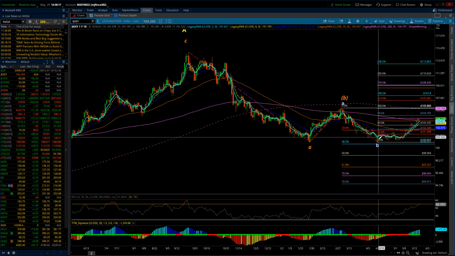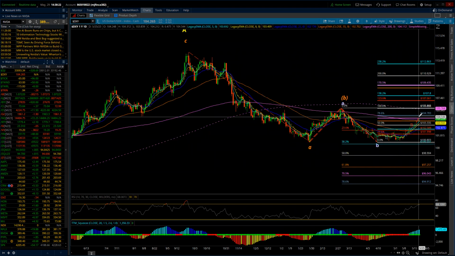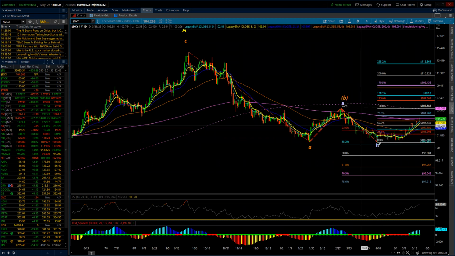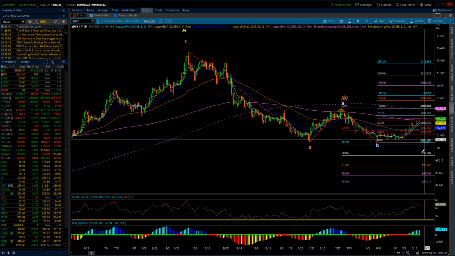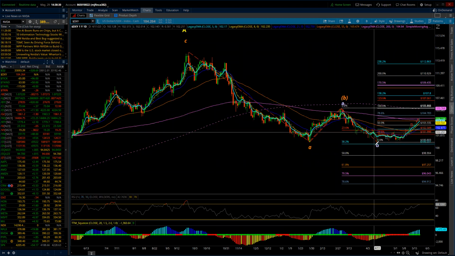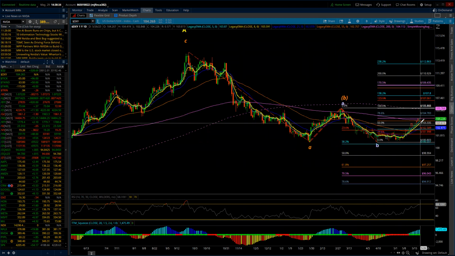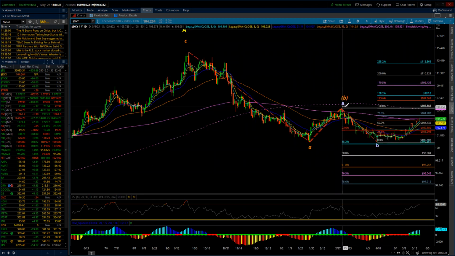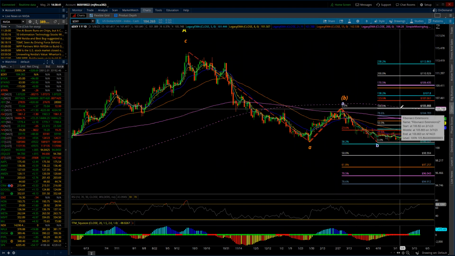Otherwise, we also could count this as A, B, C, and then we're looking at a little bit different of a count where we should still come down. Right now, it actually is looking more as if it's 1, 2, 3, we get a little 4, we get a 5, and we get up close to that flat level. So potential for upside remains.